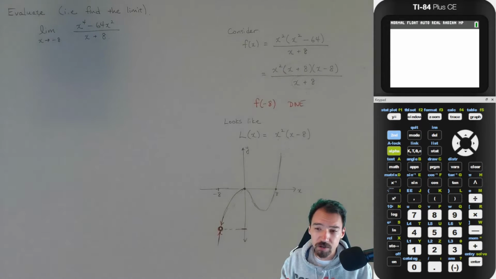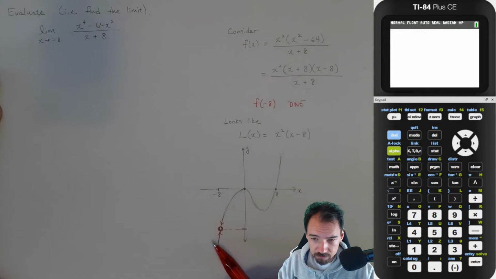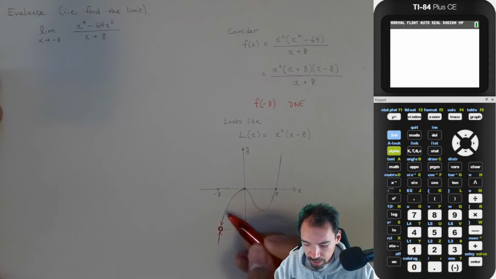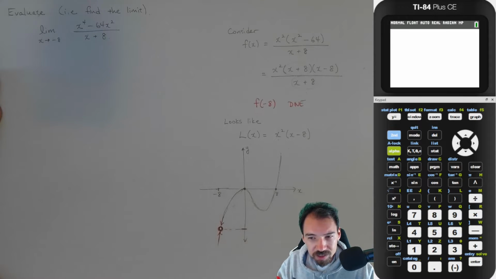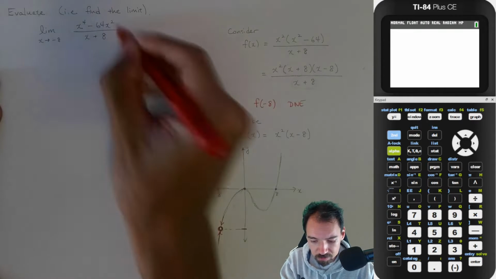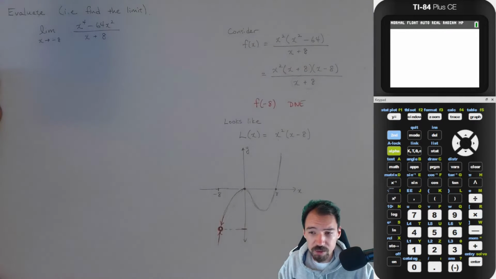But you already know that's not right, because we looked at this graph, and our analysis was, as x approaches -8 from both sides, the graph is approaching a y value where that hole is located. There is a single y value that this expression is approaching. We need to find that.